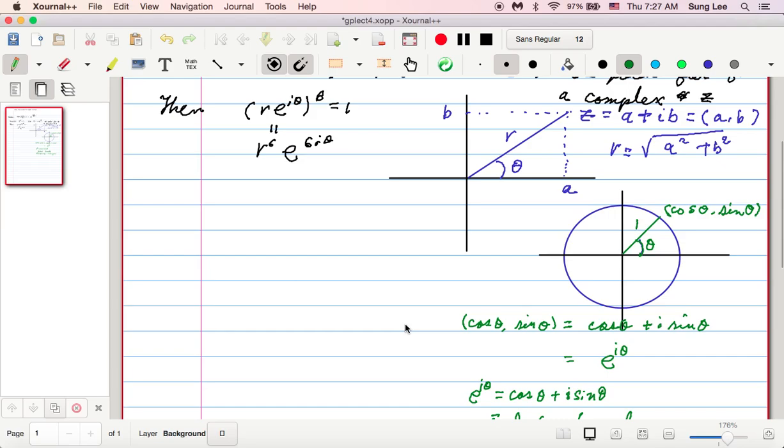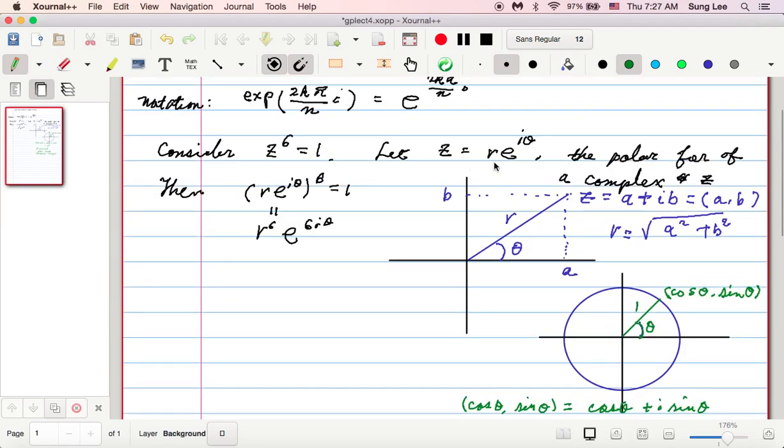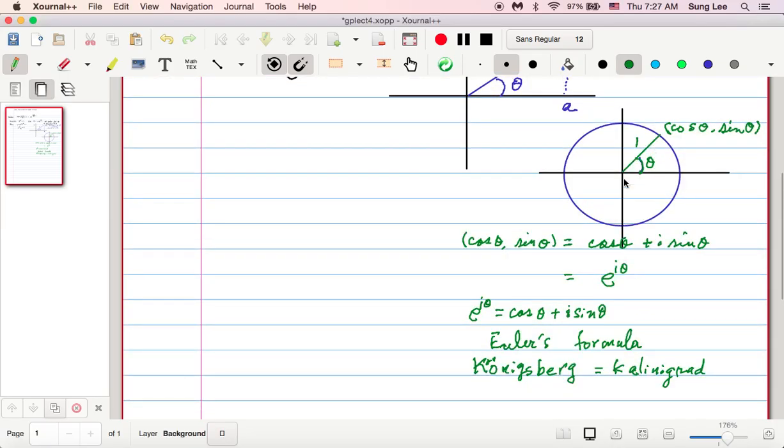So that's how we get this. The polar form: for any complex number whose length is r, all you have to do is represent it in polar form, z equals e to the i theta. Any complex number with unit length is given by e to the i theta, as you can see.